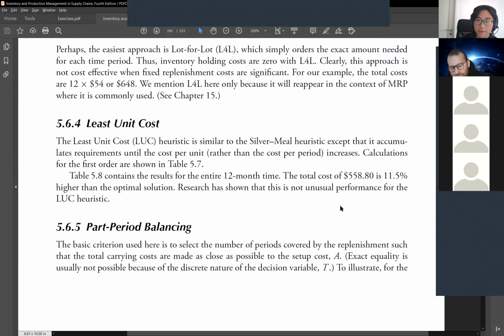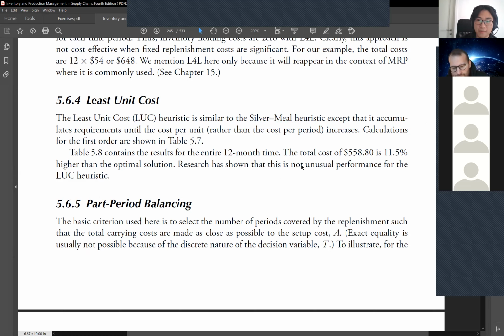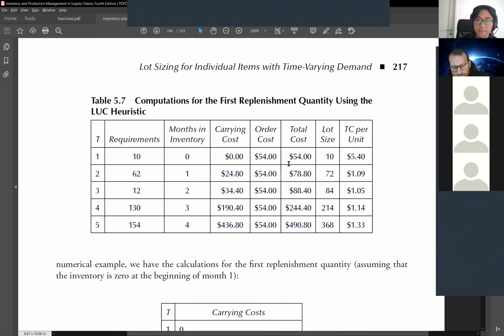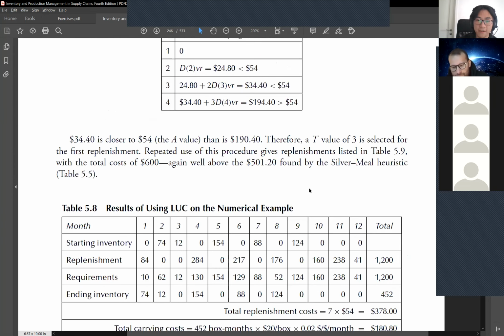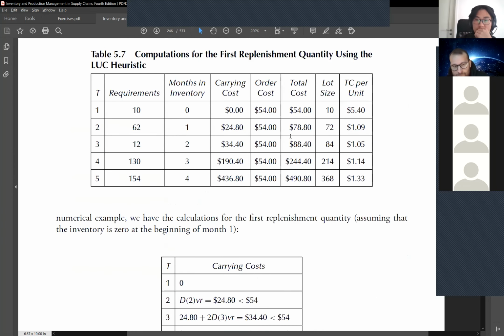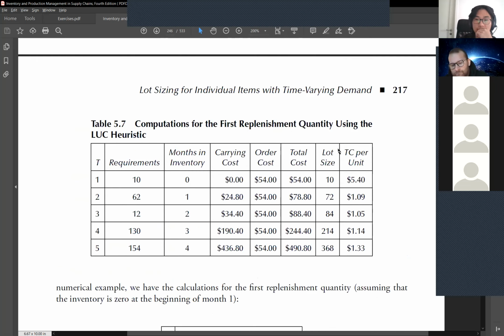So before we divided by 2 when it's 2 months and by 3 when it's 3 months, but now we're dividing it by the cumulative demand. Let's see if it's shown here. Yes, so this lot size is the cumulative demand. As you can see, this 72 is 10 plus 62, and then you sum it with 12, which is the cumulative demand. And that is the only difference.